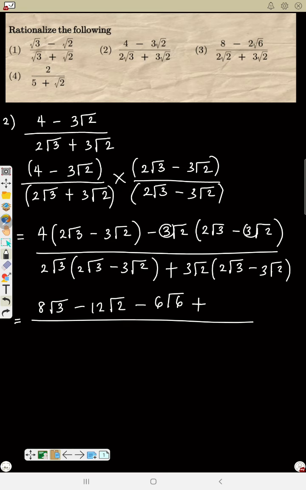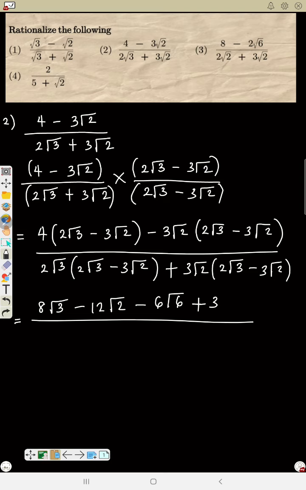Now 3 times 3, the outside with the outside, then the inner with the inner, that is square root of 2 times square root of 2, that is square root of 4, and square root of 4 is 2.